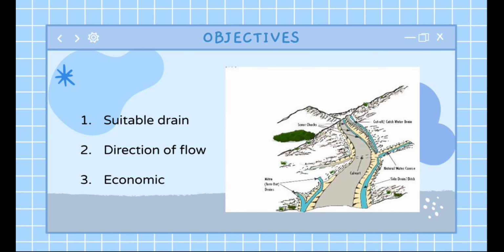The objectives are to determine the type of drain which is suitable along the proposed road for CH0 meter to CH600 meter, to analyze the direction of flow within the drain along the proposed 600 meter long road, and to design the most suitable and economic size for a chosen drain system along the proposed 600 meter long road.